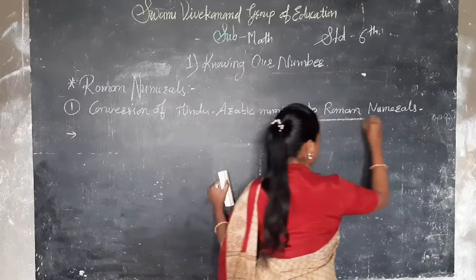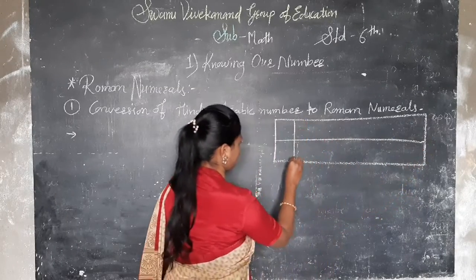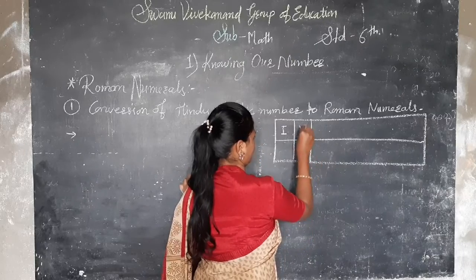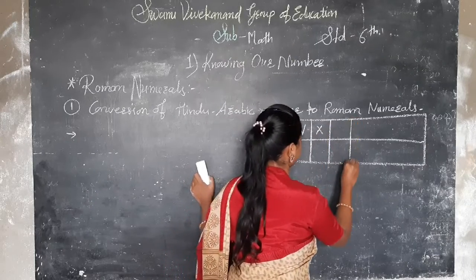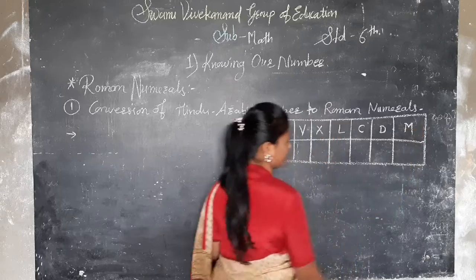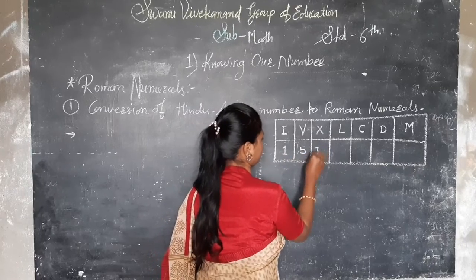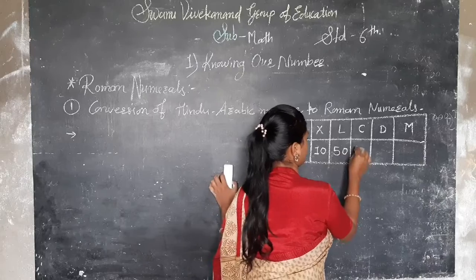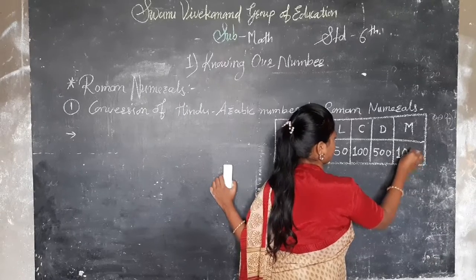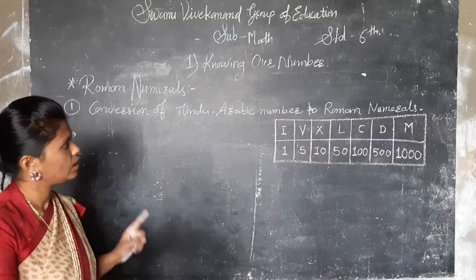Whatever symbols we use in Roman numerals, I have written here, and the values for them are 1, 5, 10, 50, 100, 500, and 1000.